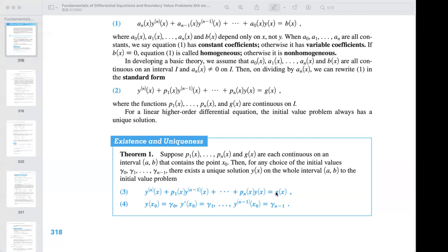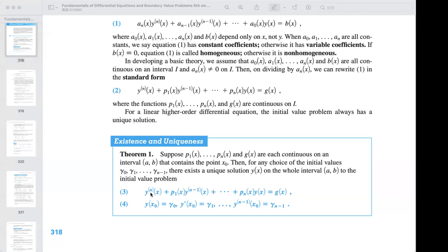Equation number 3 is our ODE, and equation number 4 is our initial condition. Remember, as we said before in chapter 4, we want to solve this equation. That means we need to do integration. Here, the highest order is the nth derivative.